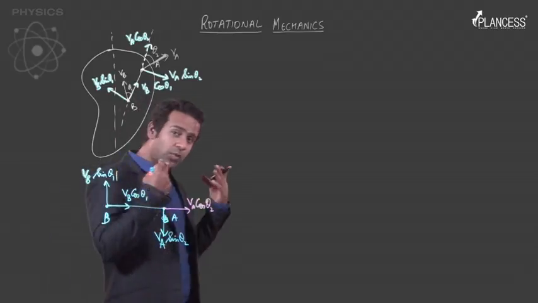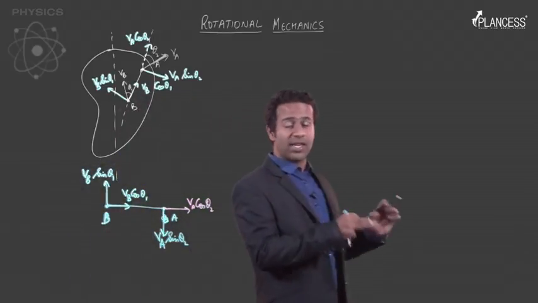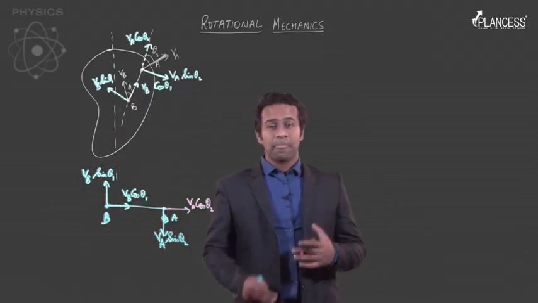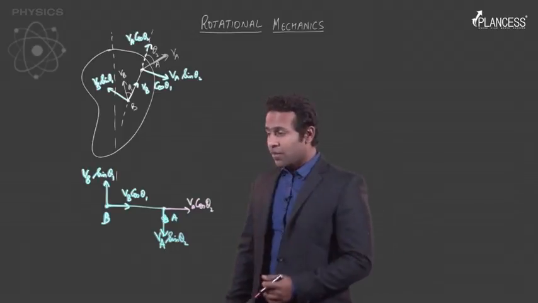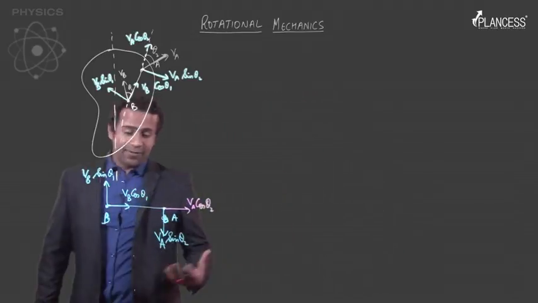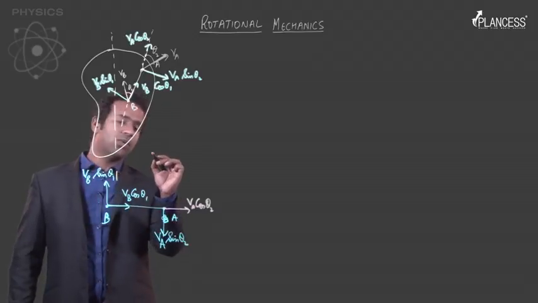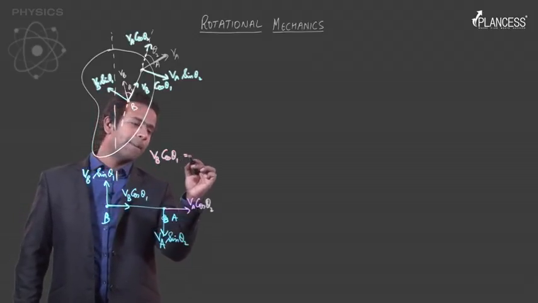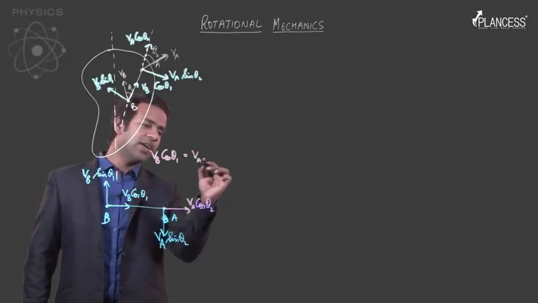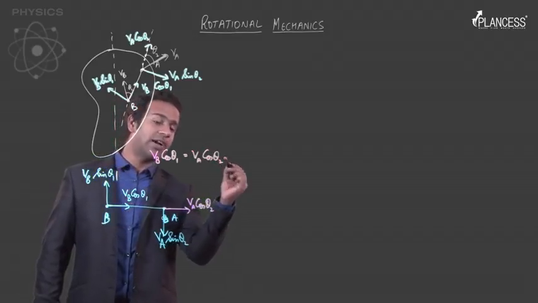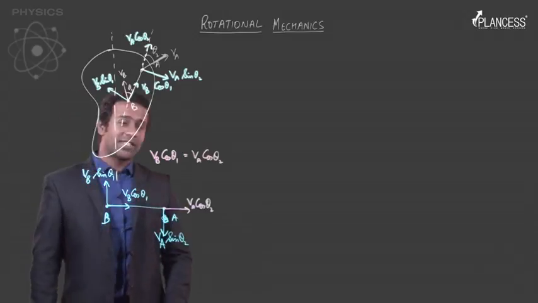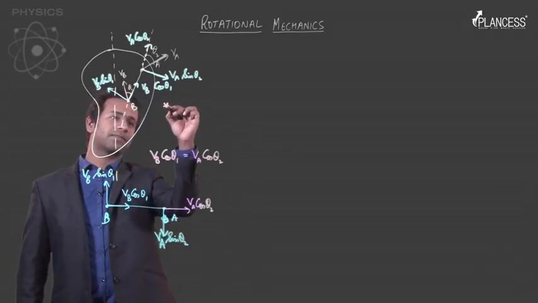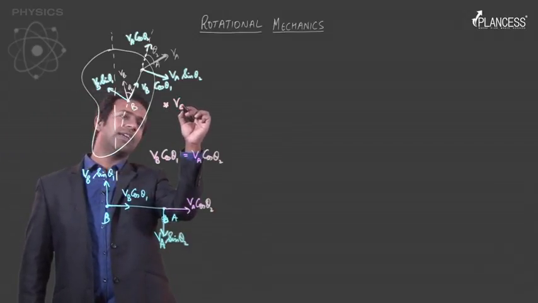Two cars moving in the same line with the same speed would always see each other as stationary. So first of all, if such is the case, we can conclude that VB cos theta 1 must be equal to VA cos theta 2, right?